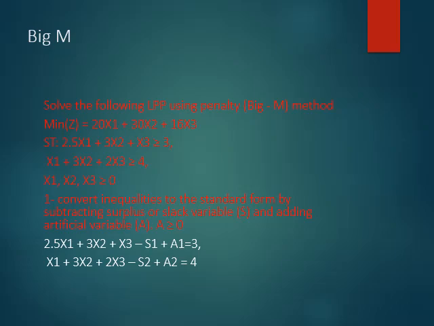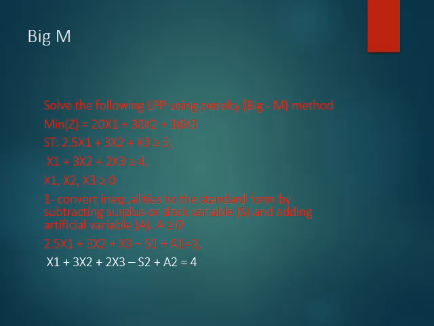Now the new constraints will take the following shapes: 2.5x1 plus 3x2 plus x3 minus s1, where s1 is the surplus variable, plus a1, the first artificial variable, equals 3.